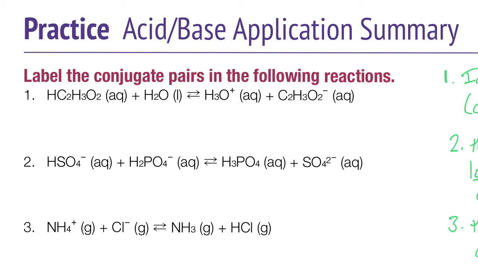So the only option here is to pair up that acetic acid with the C2H3O2, because those two formulas look almost identical. The only difference is that this one's missing that H. So if you could add in an H and make them look identical, that means that you should pair them up. And that would mean that the H2O and H3O have to get paired up. Again, their formulas are almost identical, but one has one more H than the other.